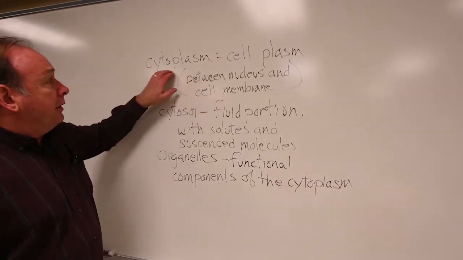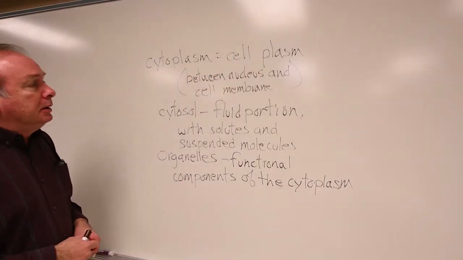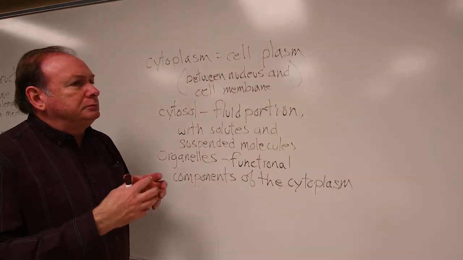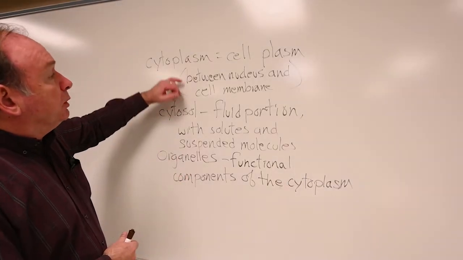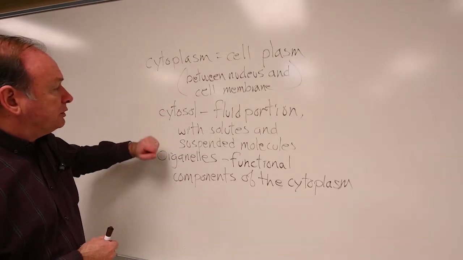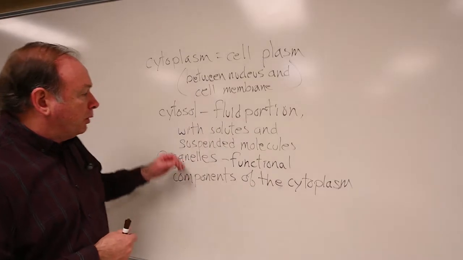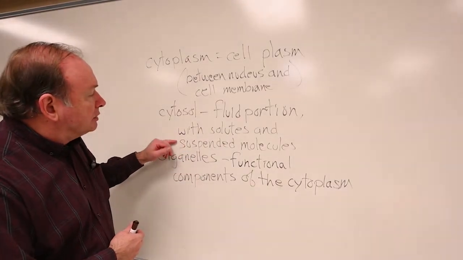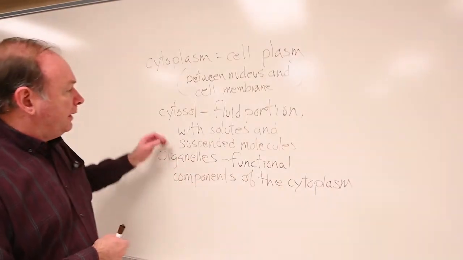Cytoplasm is just another name for cell plasm, this material that's kind of gel-like, or not exactly fluid, that's between the nucleus and the cell membrane. Everything in that space we consider cytoplasm. It's made up of a component we call cytosol, the fluid portion with different solutes, ions, and other things dissolved in there, or suspended molecules within that fluid.